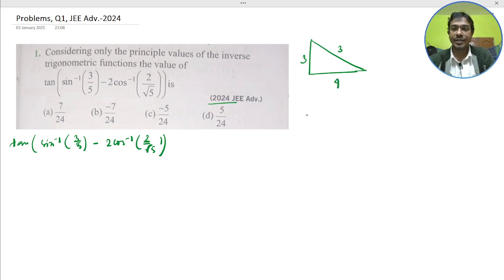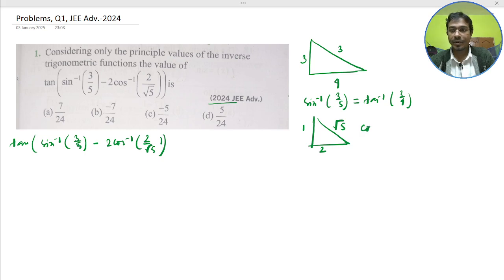By the transformation, sin inverse 3 by 5 would be tan inverse 3 by 4. Next, with sides 1, 2 and hypotenuse root 5, cos inverse 2 by root 5 is equal to tan inverse half.